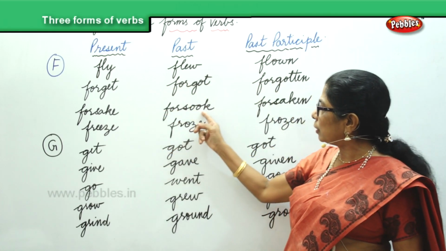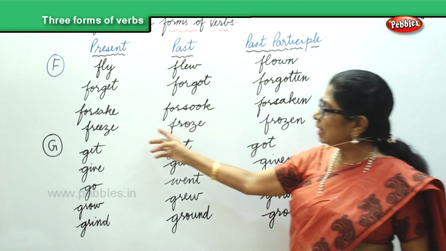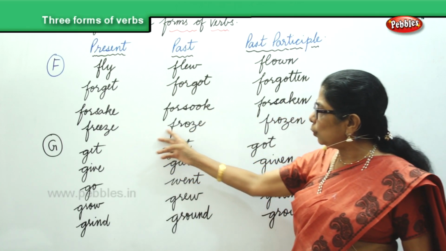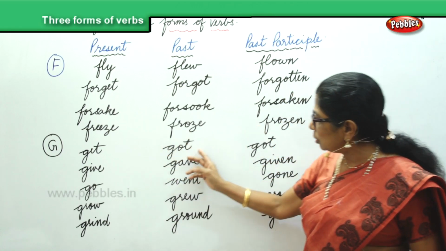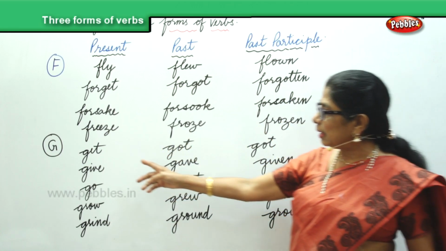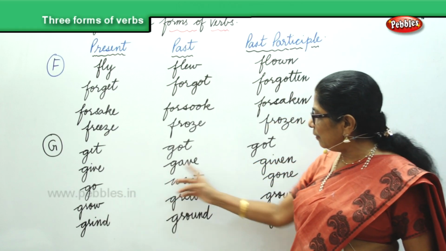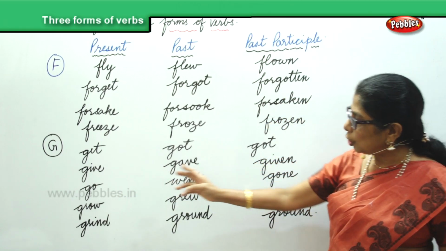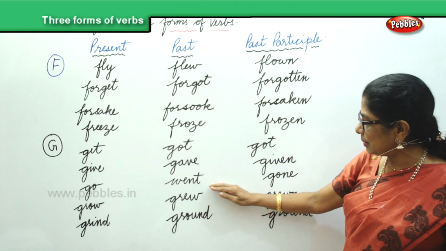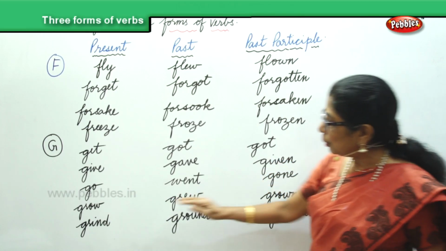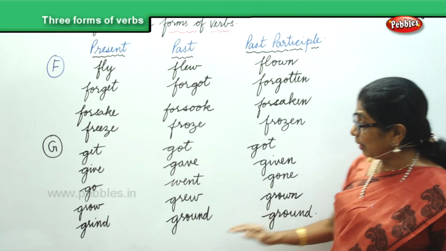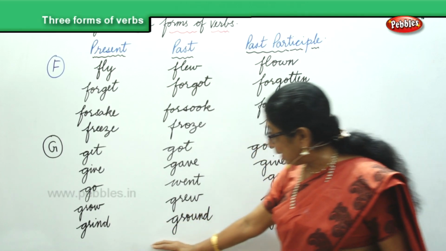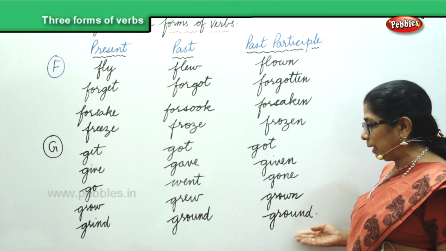Forsake, forsook, forsaken. Freeze, froze, frozen. Get, got, got. Give, gave, given. Go, went, gone. Grow, grew, grown. And finally, grind, ground, ground again.